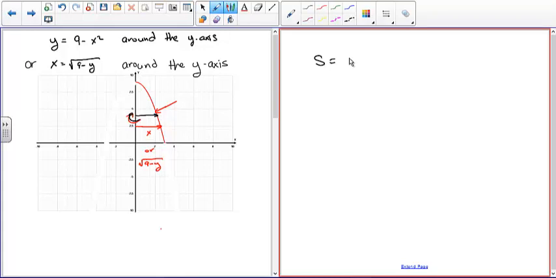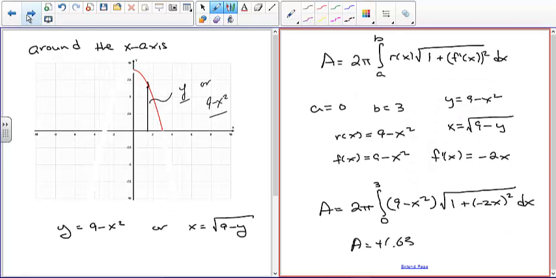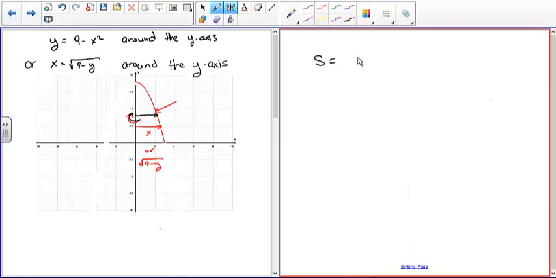Surface area is equal to 2 pi times the integral from a to b of, in this case, if you're going to put it in terms of x, you're still going to have r of x, and you're still going to have the square root of 1 plus f prime of x quantity squared dx.